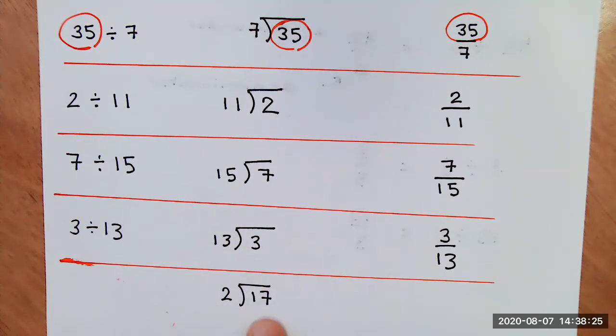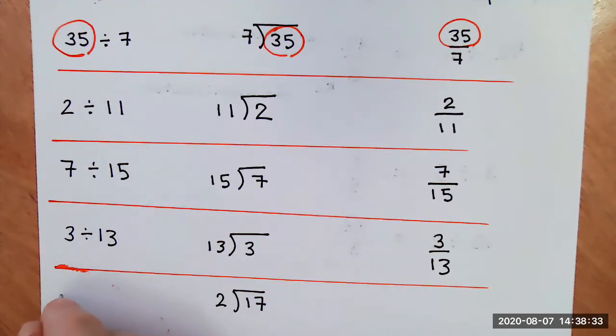If I gave you 2 divided into 17, well, that's the number that's inside. It should also go first. And that's the number that goes on top.